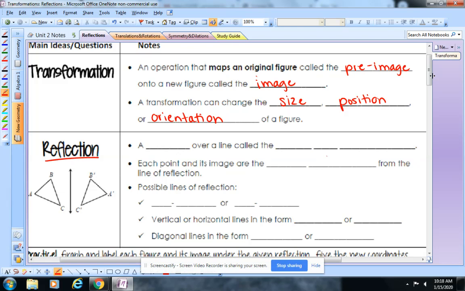Okay? There's 4 major transformations that we're going to see in this unit. Reflections, translations, rotations, and dilations. So today we're going to talk about reflections.